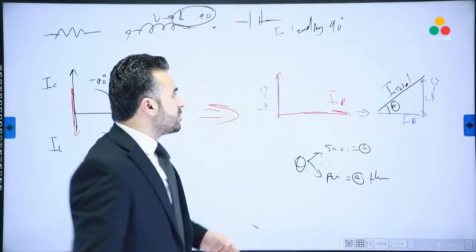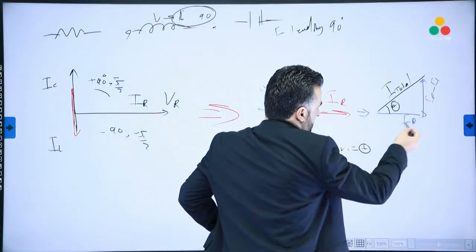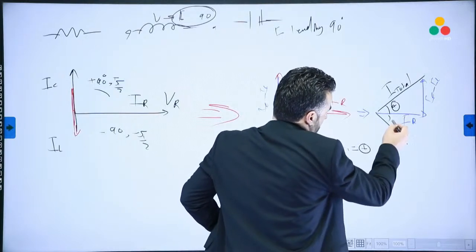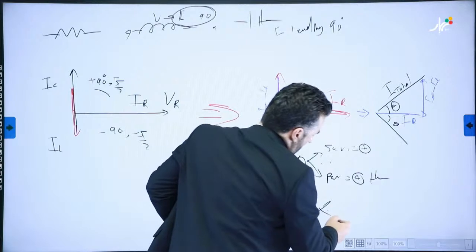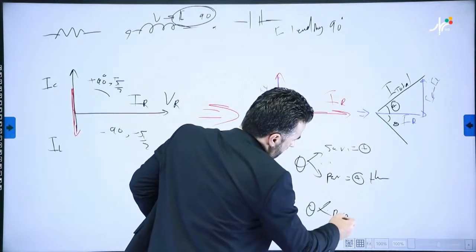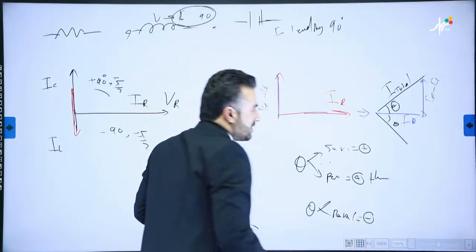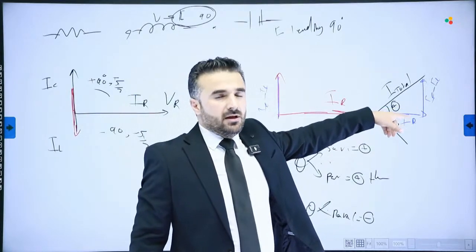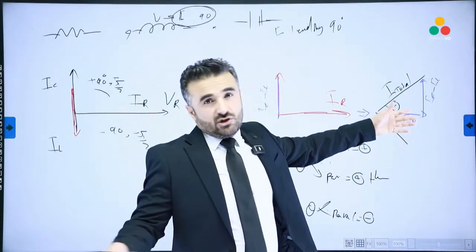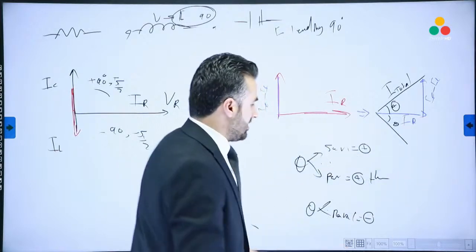What if IC were smaller? Then of course you get a negative angle here. Getting a negative angle in a parallel circuit means the current is lagging behind the voltage, or you could just say the voltage is leading the current, which is the same thing.